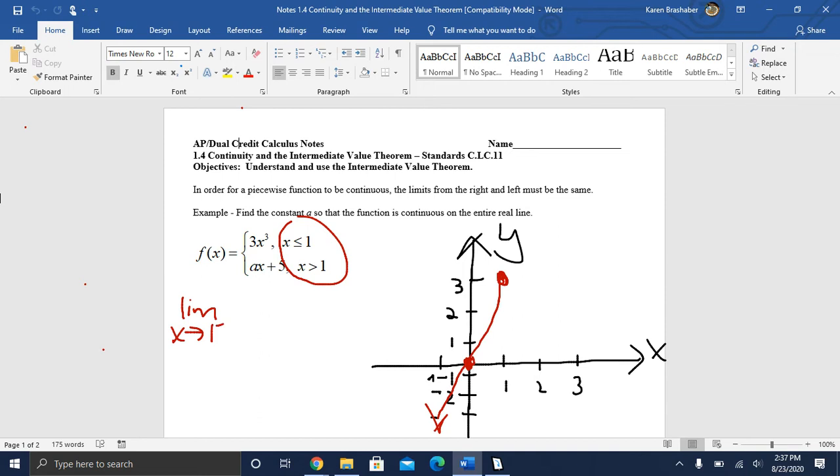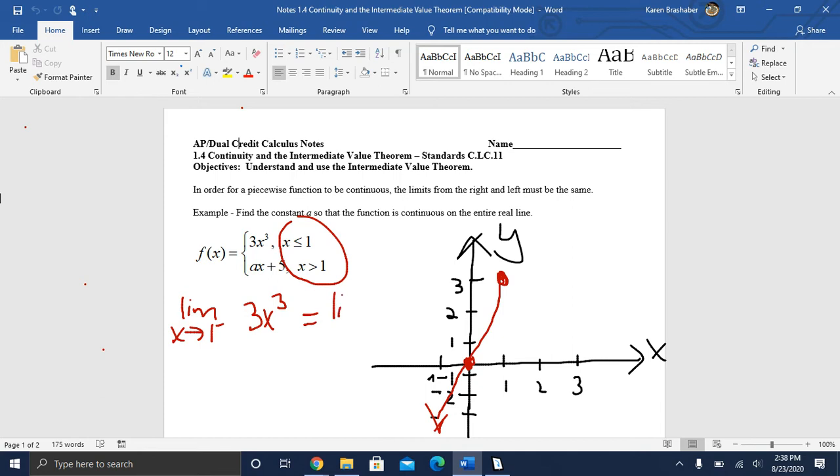Now, when we have x approaching 1 from the left, we need to use the correct branch of this piecewise function. Well, from the left would be when x is less than or equal to 1. So that would be the 3x to the third portion of this function. In order for there to be continuity, the limit from the left must equal the limit from the right, among other things. So let's get this part done first.